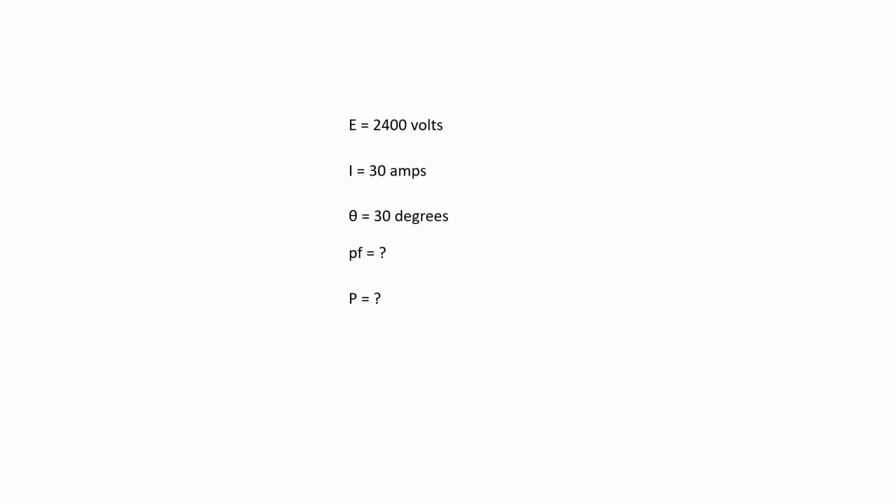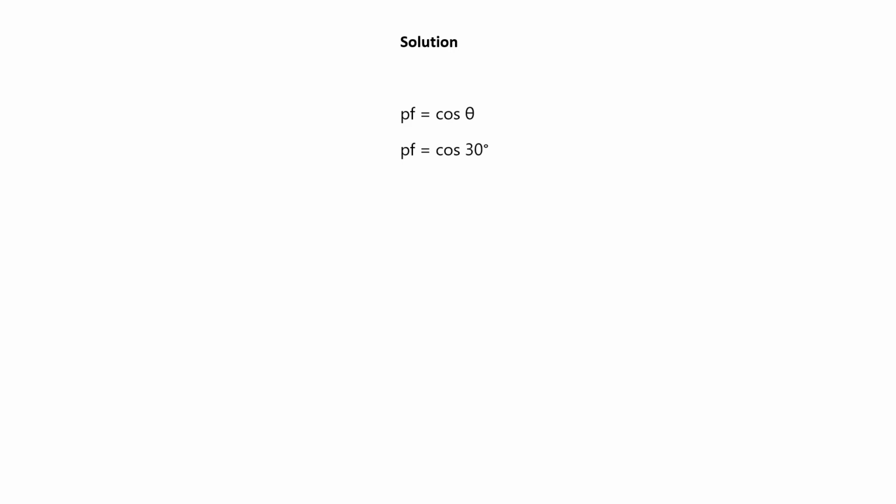According to the power factor formula of a lagging or leading circuit, we need to take the cosine of the circuit angle. The cosine of 30 provides a power factor of 0.866. Now that the necessary variables have been calculated, the true power can be worked out by multiplying the circuit's voltage, amperage, and power factor.